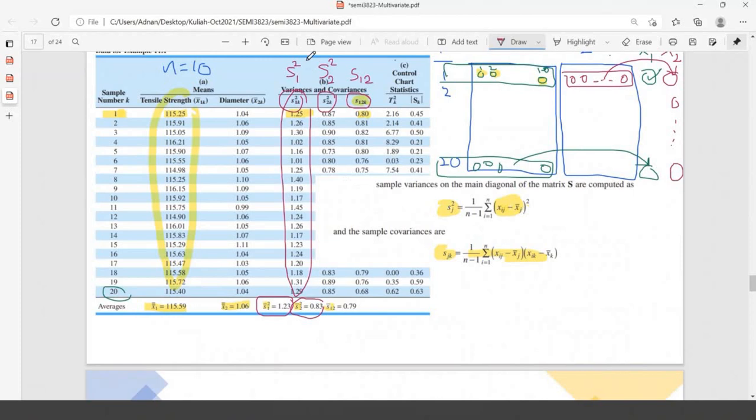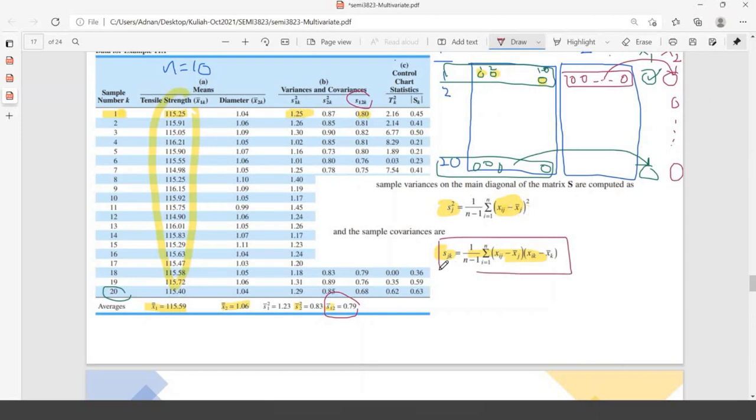The covariance can be obtained from here. The formula for covariance is this one, for the individual values.